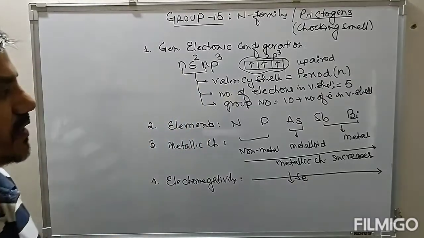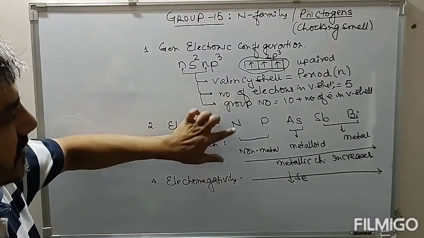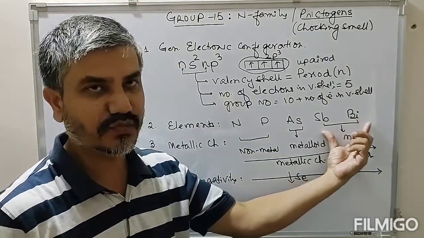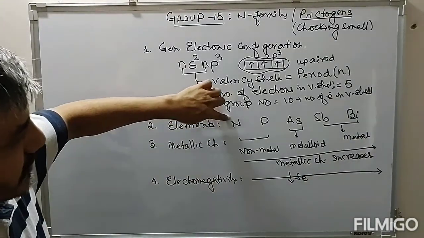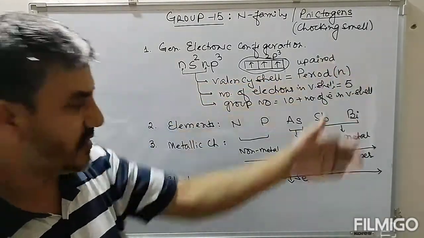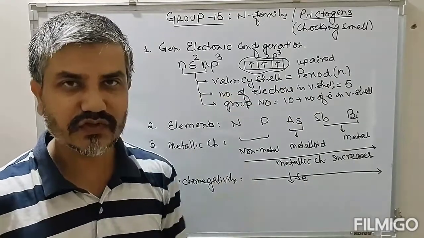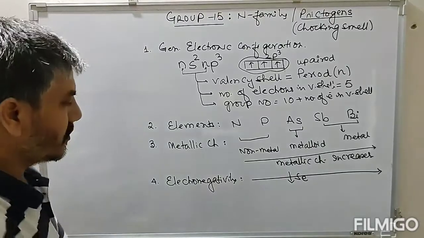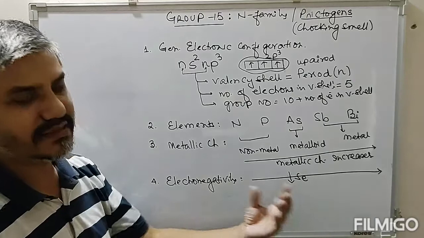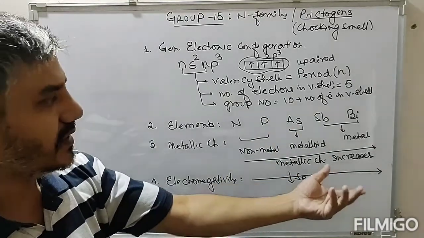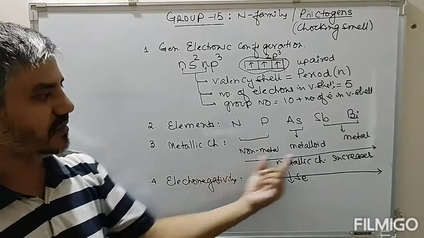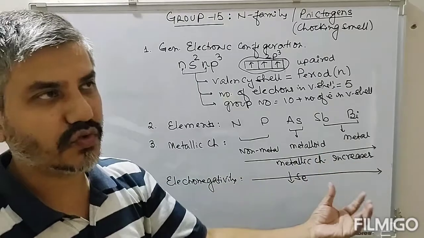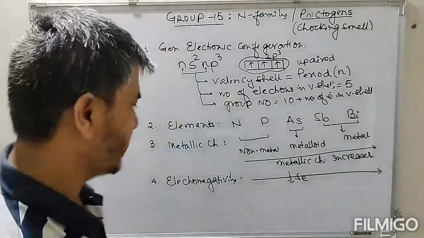The most electronegative element of this group 15 is nitrogen, and the least is bismuth. So moving from nitrogen to phosphorus to arsenic to antimony to bismuth, the electronegativity, or the tendency to withdraw the shared pair of electrons towards itself, decreases. Now if the electronegativity decreases, electropositive character will increase. I have already mentioned the metallic character, so as the metallic character increases, electropositive character will also increase.